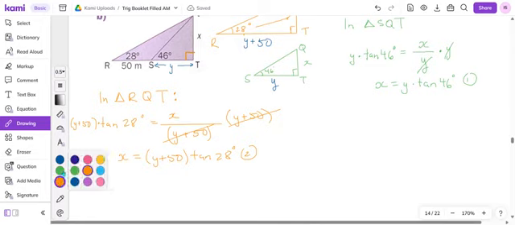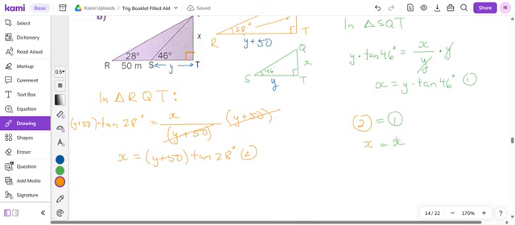Okay, so now I see that the orange equation has an x and the green equation has an x. So I can say that equation 2 equals equation 1, right? Because the x equals the x. So let's write it out. Here, I'm going to make it color coded.